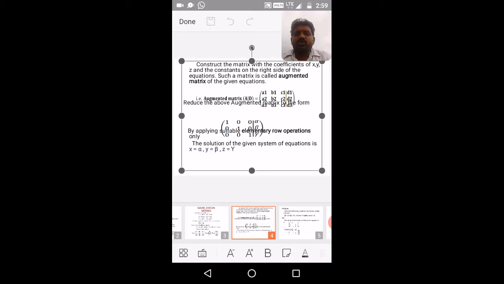So how can you reduce it to that form? By just applying suitable row operations. It depends upon your knowledge; you have to select suitable row operations which will finally turn the matrix into this form. That's why the logic of your knowledge will be more useful in this method.